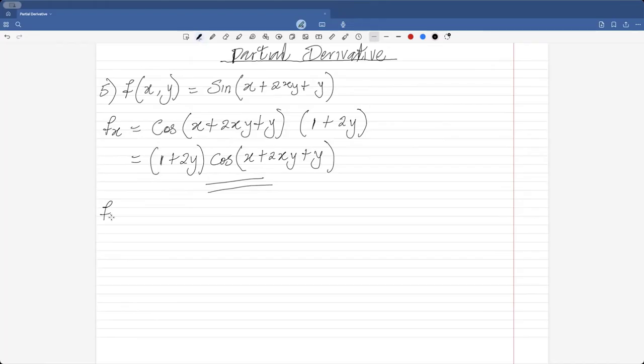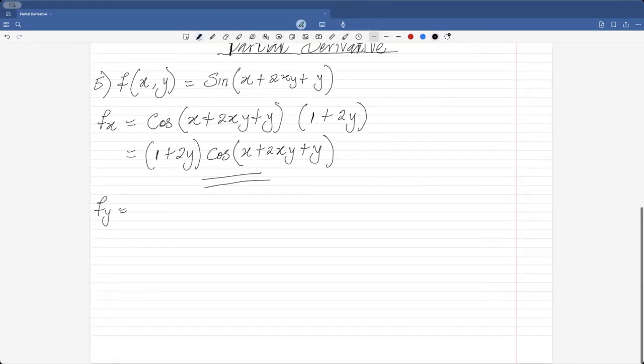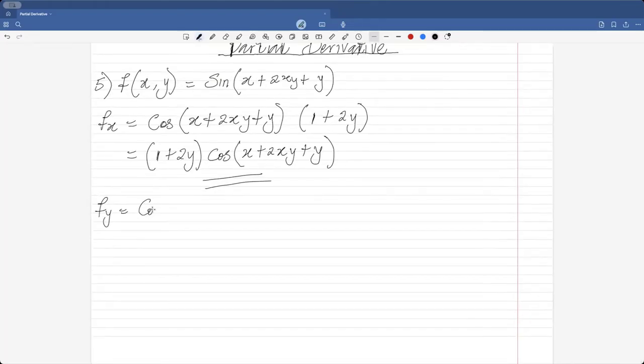What if we differentiate with respect to y? Our first expression is cos of x plus 2xy plus y. So with respect to y, for the inside function, the derivative of x in this case is 0.